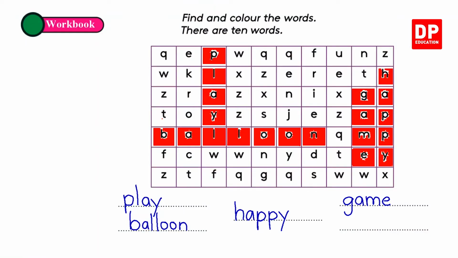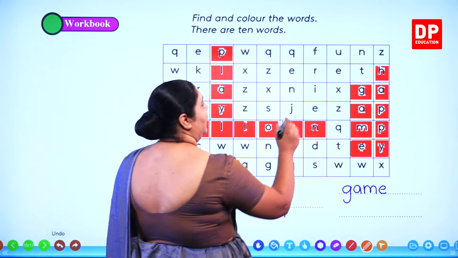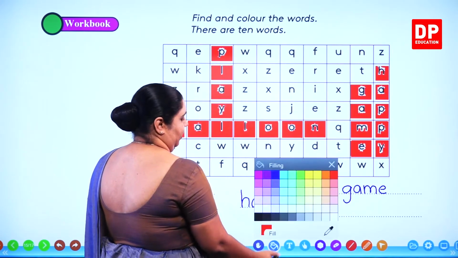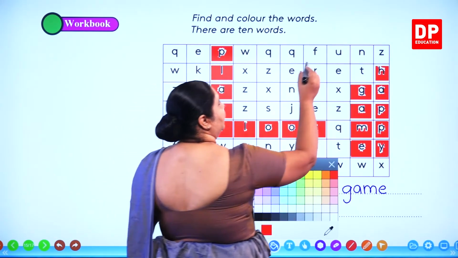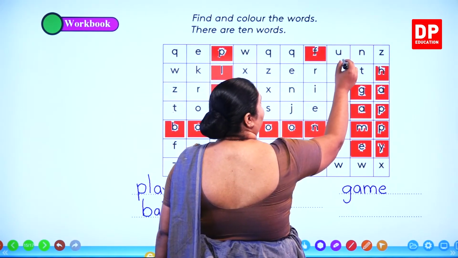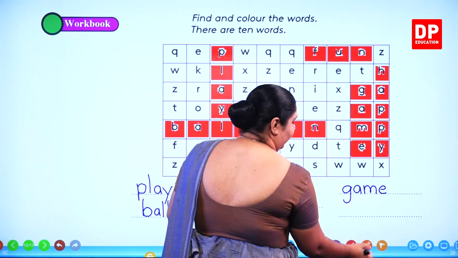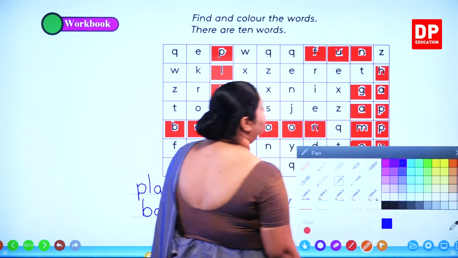Yes, I found another word over here, and that is F-U-N, fun. Okay, right. So we will color F, U, and N. Now we have our word and we can write it on the line.